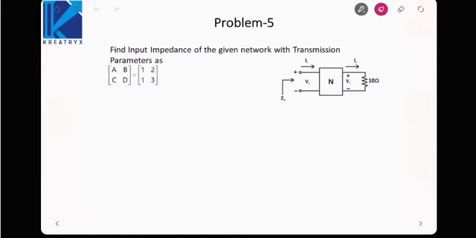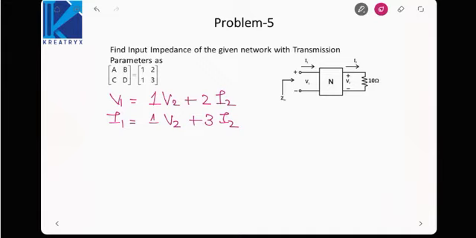In our next problem, it is asking us to find the input impedance of the given network with the transmission parameters given to us. Okay. So let me write down the relation between the transmission parameters. V1 is equal to 1 into V2 plus 2 I2, and I1 will be given to us as 1 V2 plus 3 I2.